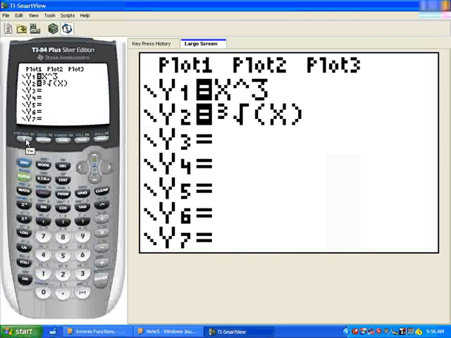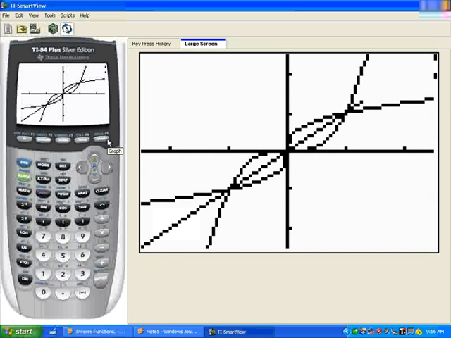It's often helpful to put in y equals x and graph it again with that line in there, so that it's more clear that the x cubed graph, which is here, is the inverse of the cube root graph, which is there. So that's what they look like graphically.